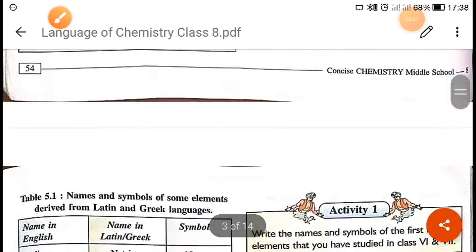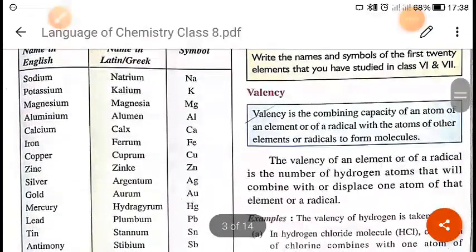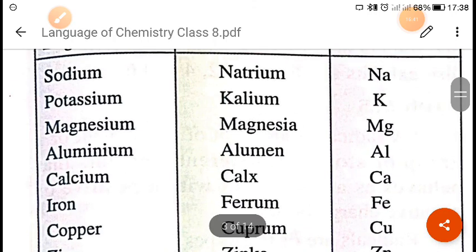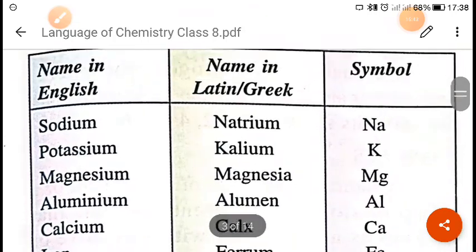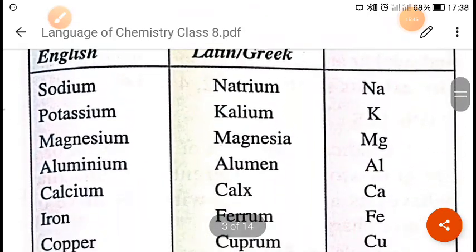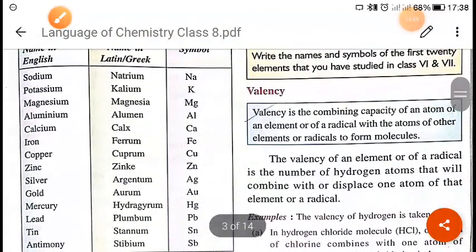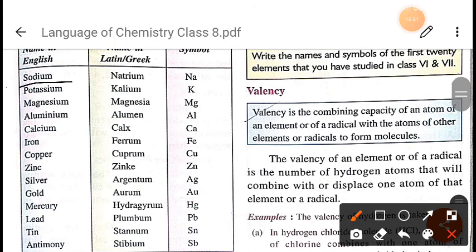As you can see, a table is given here, and in this table the elements and their symbols are given. When we talk about sodium, it has been taken from the Latin or Greek word natrium, and its symbol is Na.